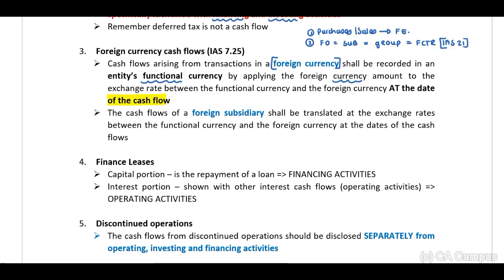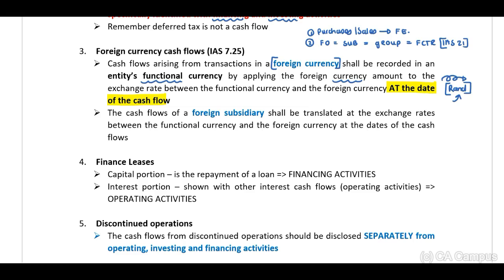Therefore, at the transaction date, guys, you need to translate this to Rand value if we need to prepare our entity in Rand. Cash flows of a foreign subsidiary shall be translated at the exchange rates between the functional currency and the foreign currency at the dates of cash flows.